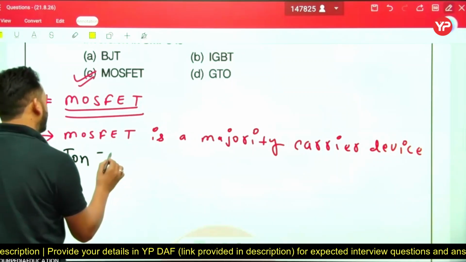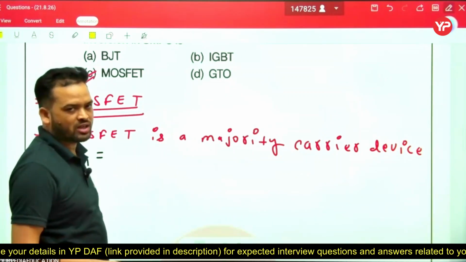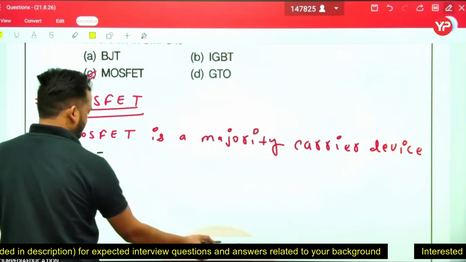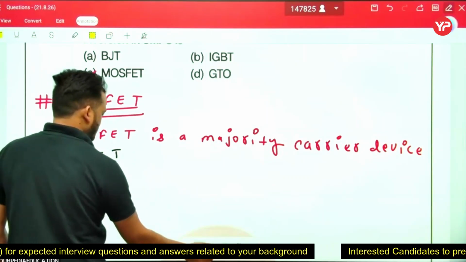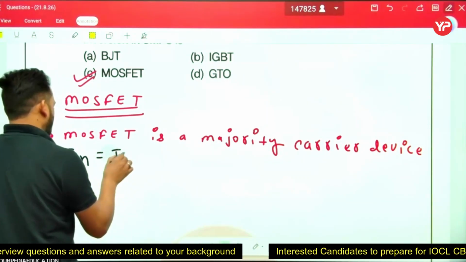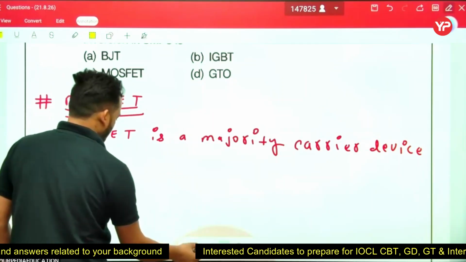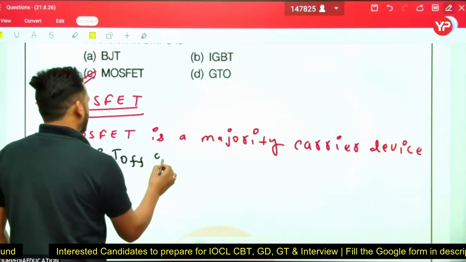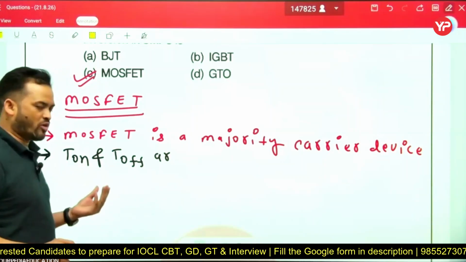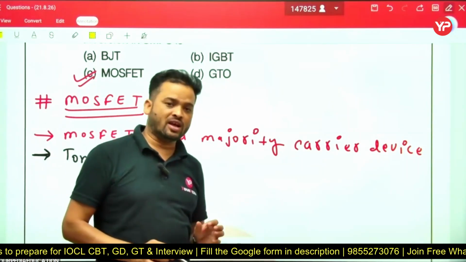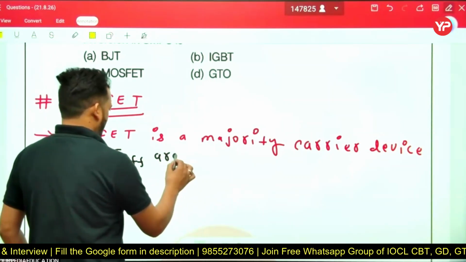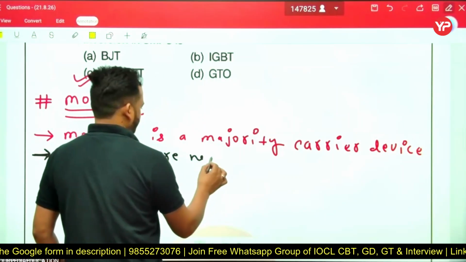T on means the time required to turn on the switch, and T off is the time required to turn off the switch. These are negligible.